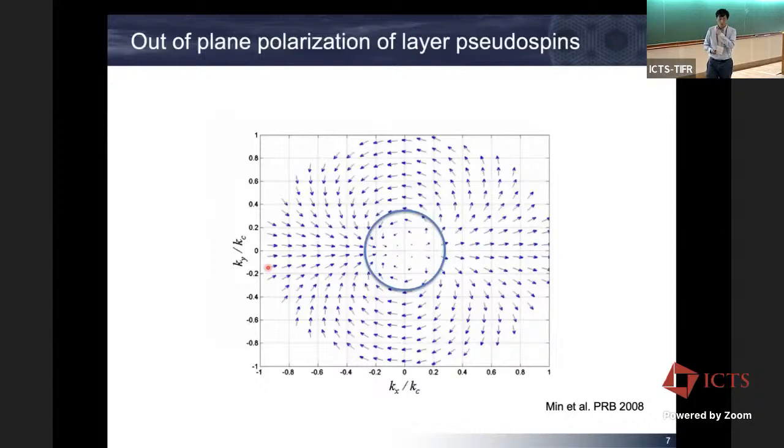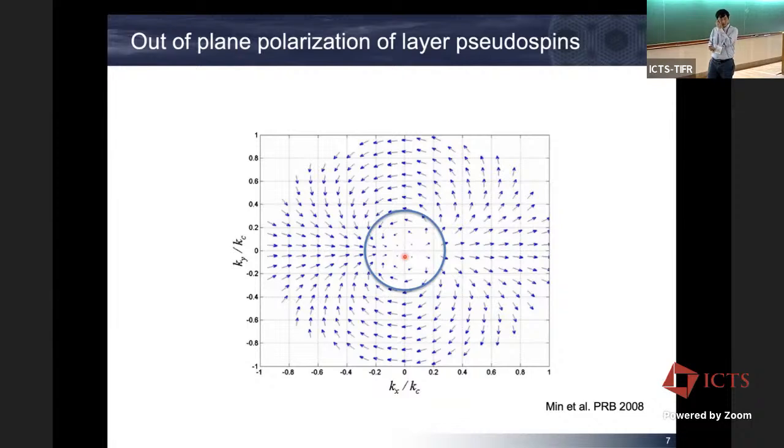And specifically for bilayer graphene, this is how the pseudospin arrows look when we add Coulomb interactions. Everything looks the same, except for this region in the middle, near the Dirac point, where instead of winding arrows, we get these dots that represent the pseudospins pointing in the z-axis or pointing in the out-of-plane axis.